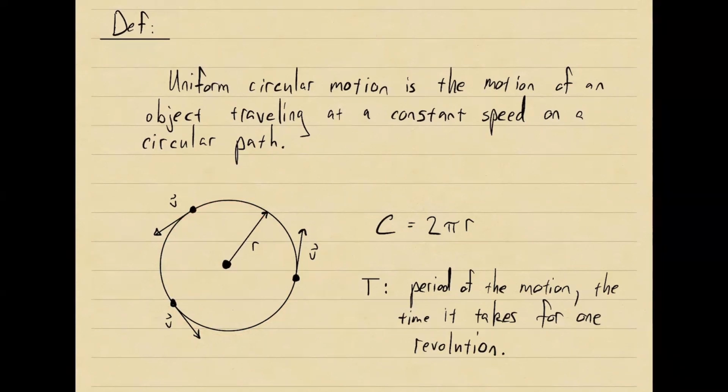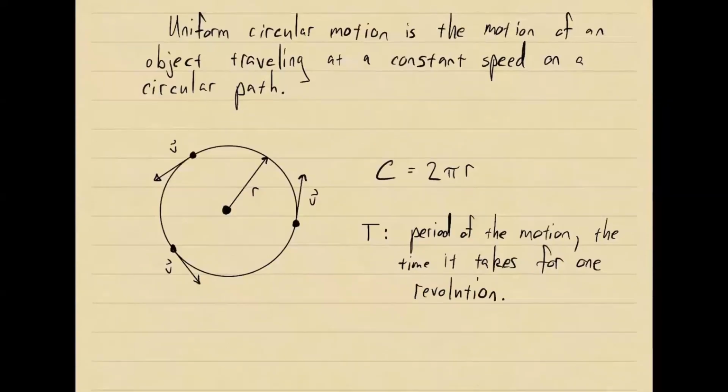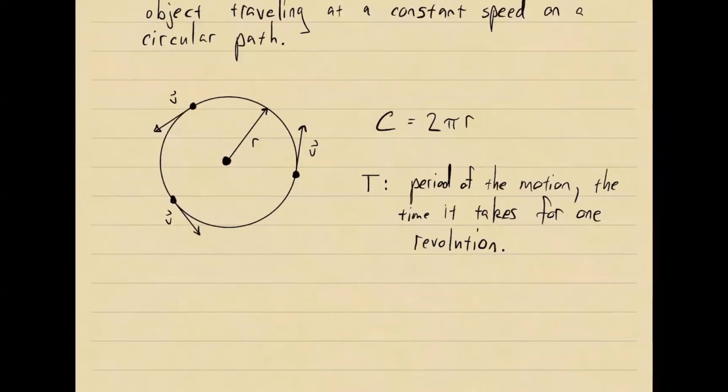By knowing these two things, our average speed in uniform circular motion can be calculated. If the object travels around the circle once in a time T, then the average speed v is given by the distance traveled divided by the elapsed time it takes to do that.